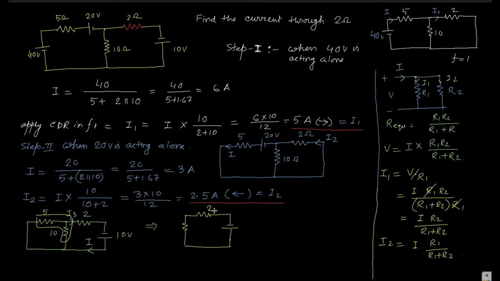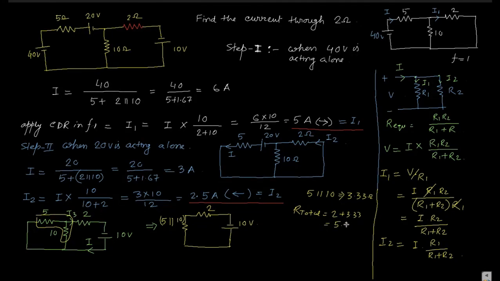This is the 2 ohm, this is the 5 parallel 10, and this is 10 volt. So the value of 5 parallel 10 becomes 3.33 ohm.